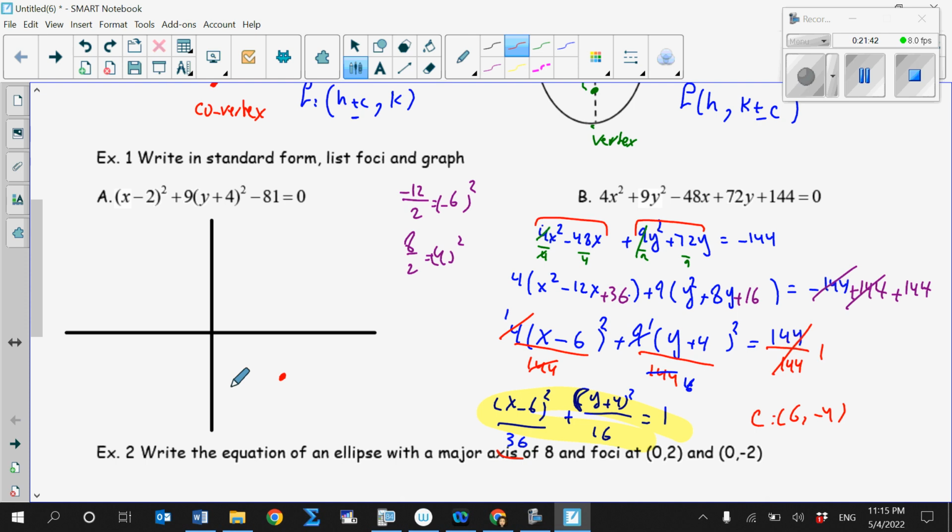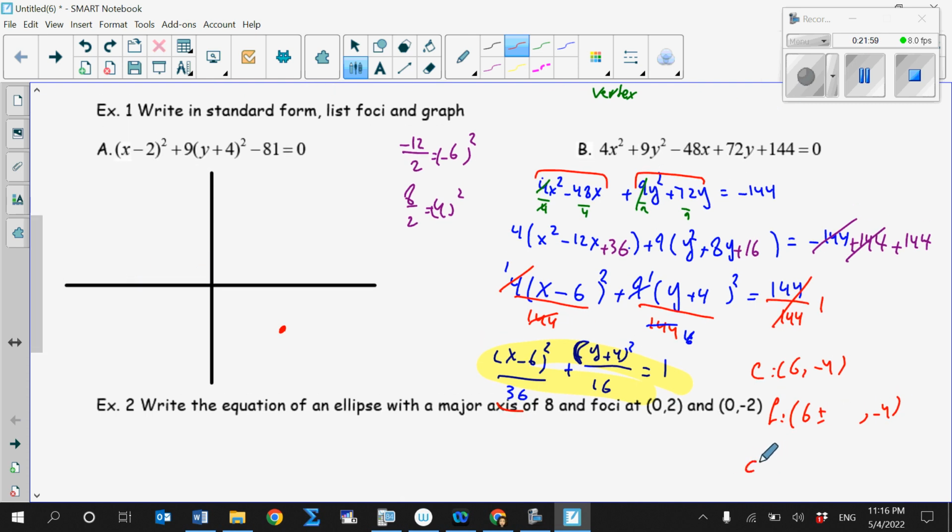Now, what are the focus points? Focus points will be the x of the center plus or minus the c value, and the y of the center will be the same. Now I need to find the c value. c squared is a squared minus b squared. a squared is 36 here, so 36 minus b squared, which is 16, is 20.